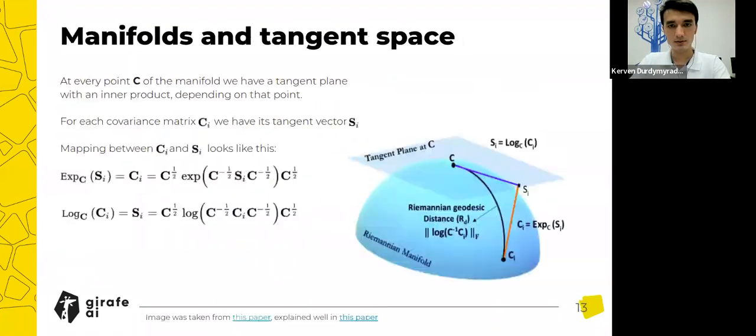Okay, in this slide, the dimension of the manifold is, for example, if our covariance matrix is n by n, the dimension of the manifold is n squared.